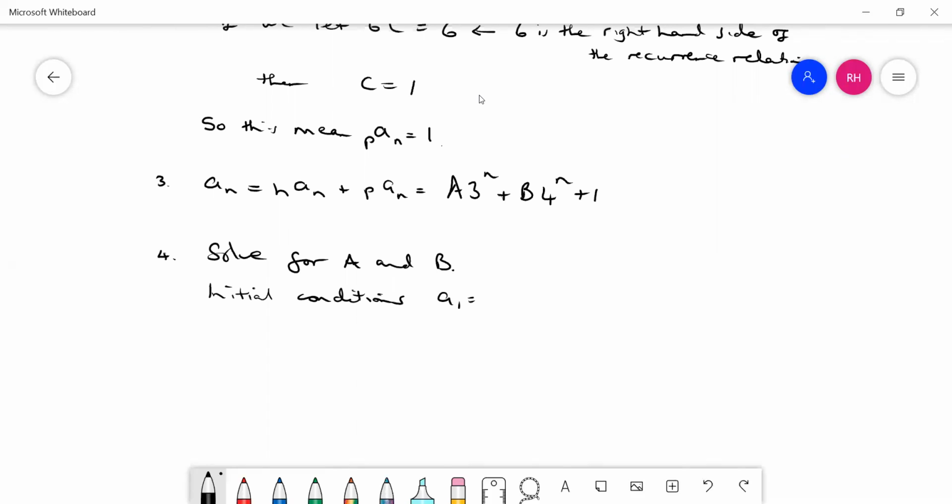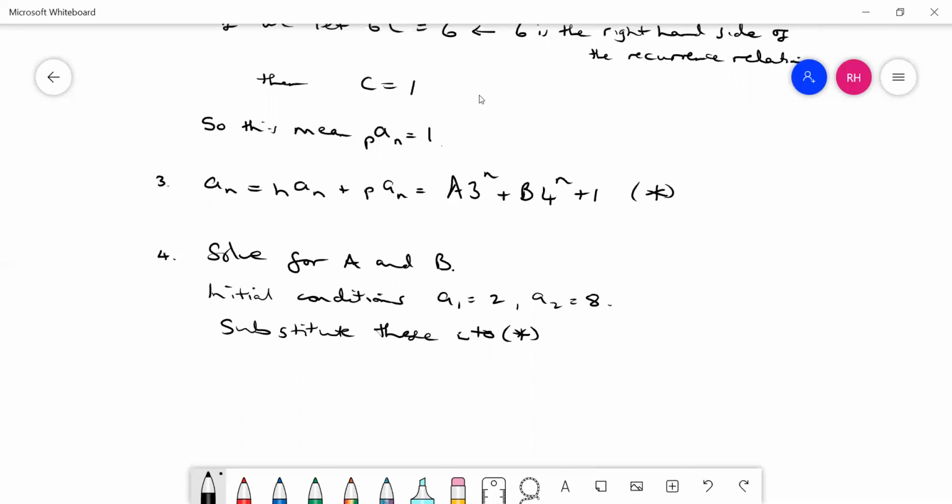A1 equals 2, A2 equals 8. So we'll substitute these into, let's call this equation star. So all I'm trying to do here is work out A and B.